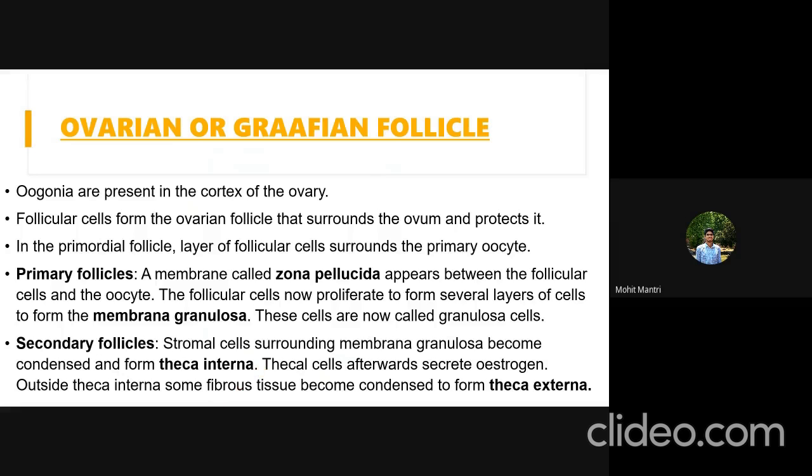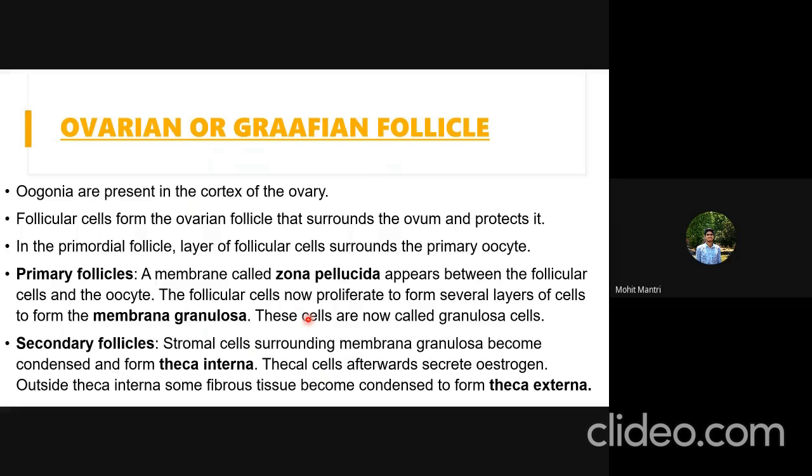Later on a cavity appears in the membrana granulosa, which is known as the antrum, and this antrum is later filled with fluid, which also contains estrogen, and these follicles are known as tertiary follicles. All the growth up to the tertiary follicle was stimulated by FSH alone. So the follicle stimulating hormone was responsible for the growth from primary follicle to tertiary follicle.